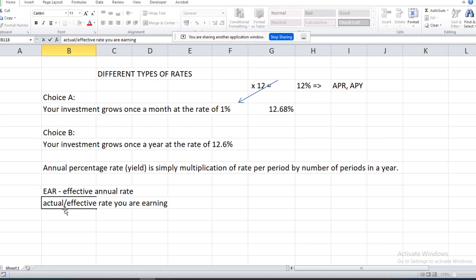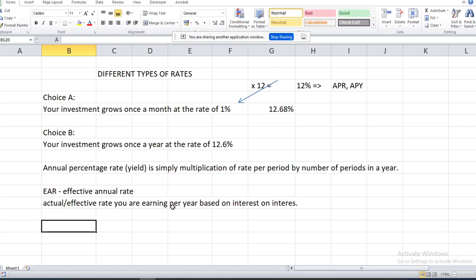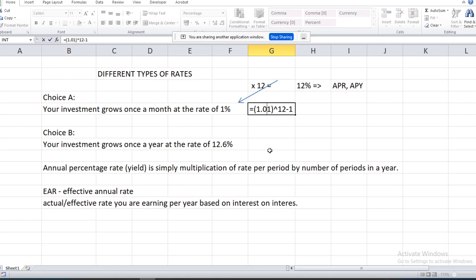The effective rate you are earning based on interest, and it's also per year, so it's the effective annual rate. The formula for EAR is kind of tricky: 1 plus the rate per period, to the power of the number of periods in a year, minus 1.